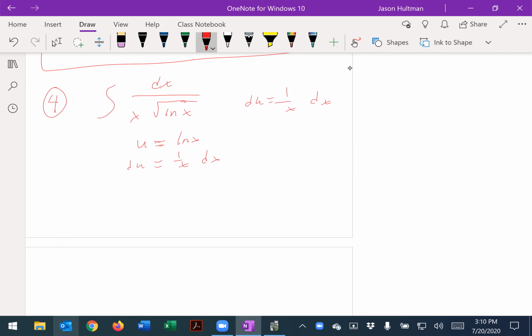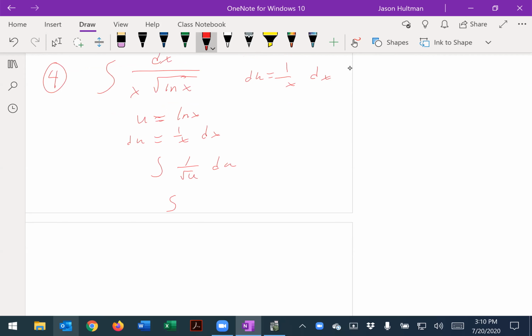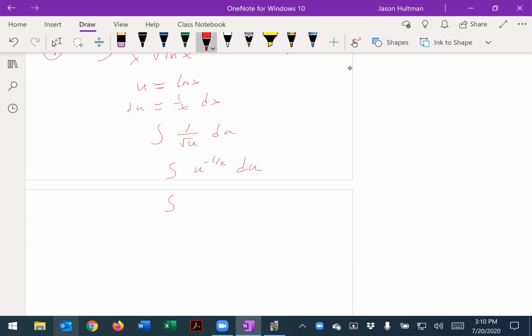So I'm just going to have 1 over the square root of u du. This ends up being u to the negative 1/2 du. And that's the integral of u to the 1/2 over 1/2, and the reciprocal of 1/2 is 2.